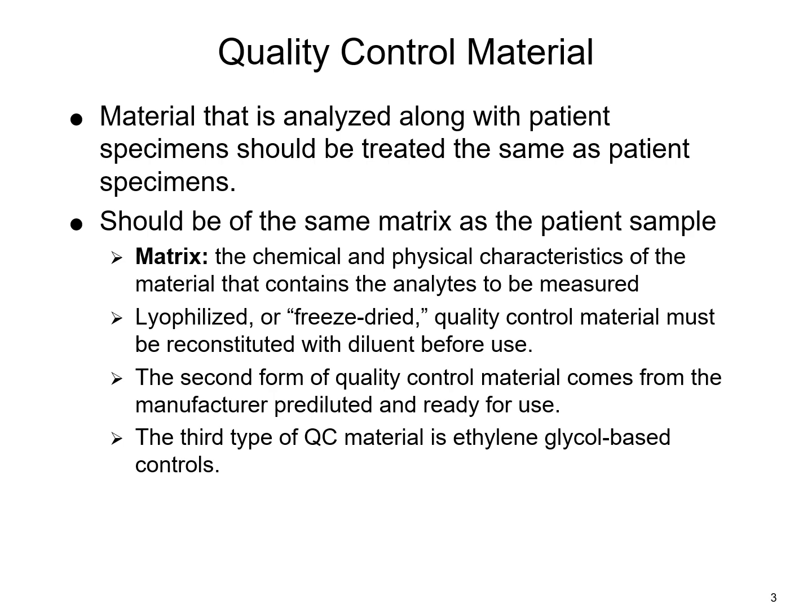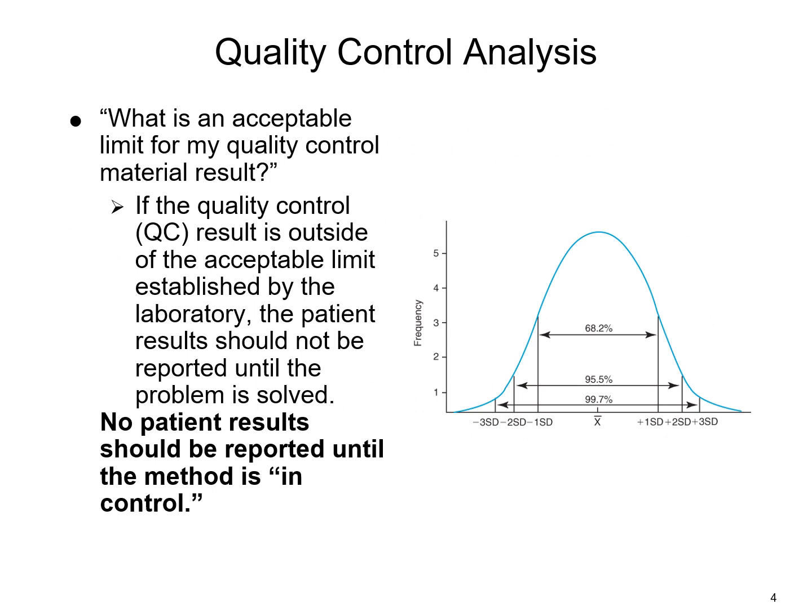So again, we've talked a lot about this Gaussian distribution curve and that confidence interval being in the center there, so I'm not going to go over this too much. But we do know that we can't send out patient results for the day until we know that our QC is in for the day.